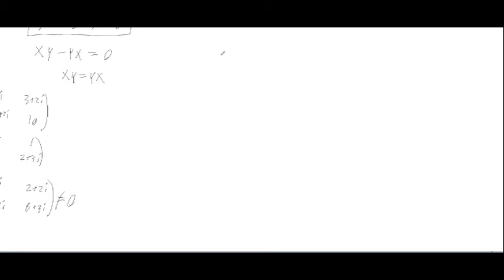So if we have a commutator of A, B, and this does equal 0, then we can say that the operator A and the operator B acting on the same function here will give us some eigenvalue multiplied by the same function. So they have the same eigenfunctions.